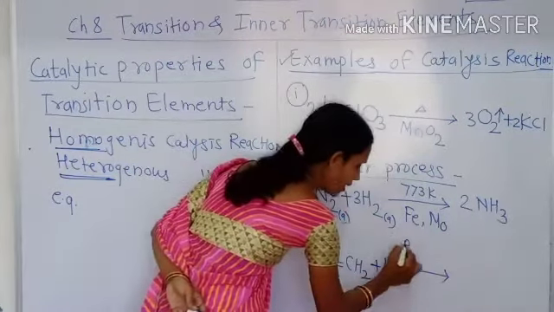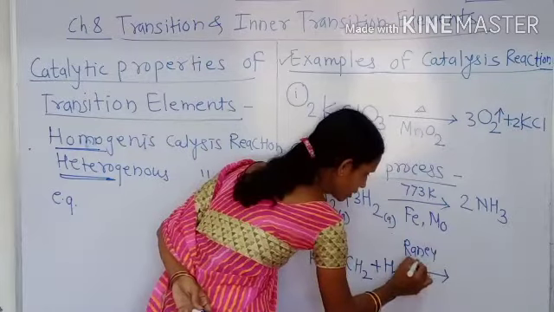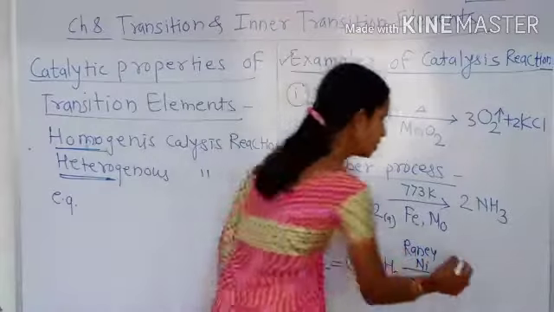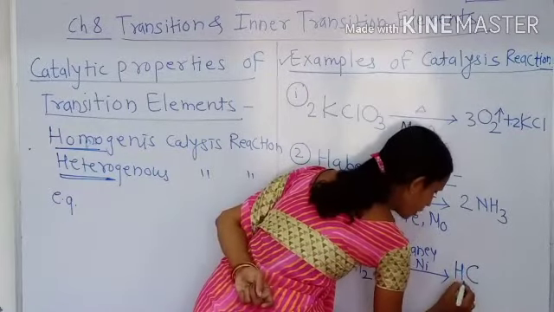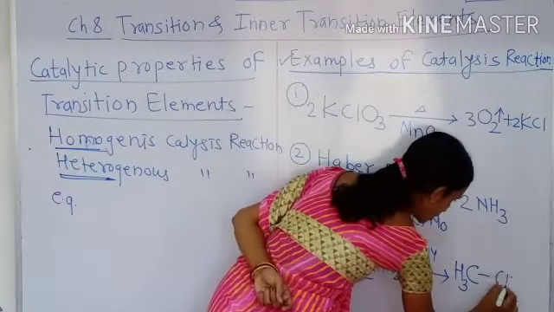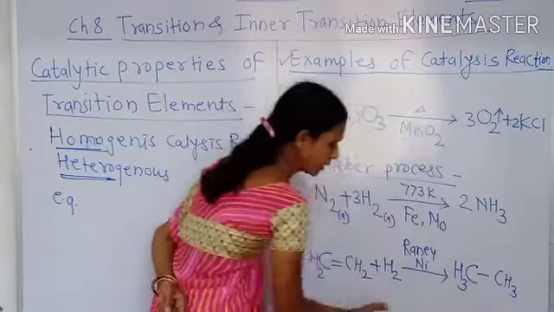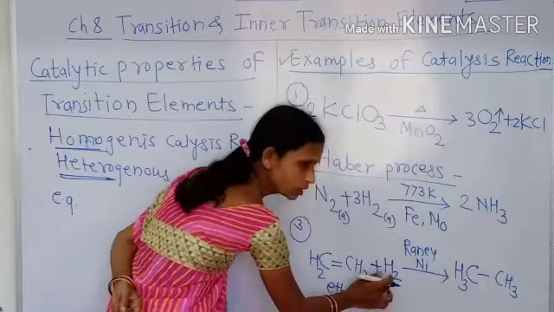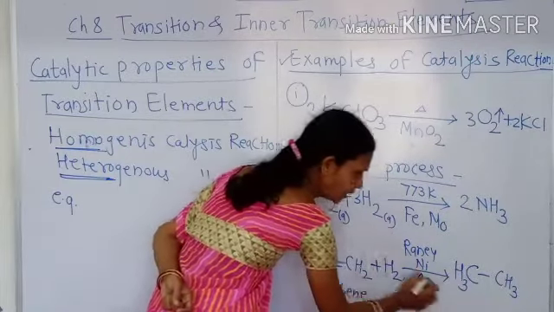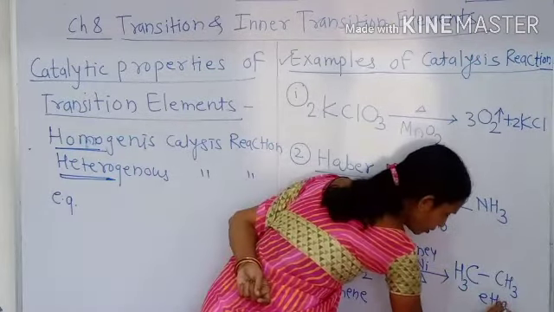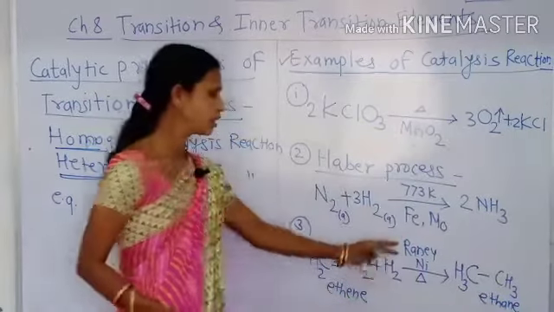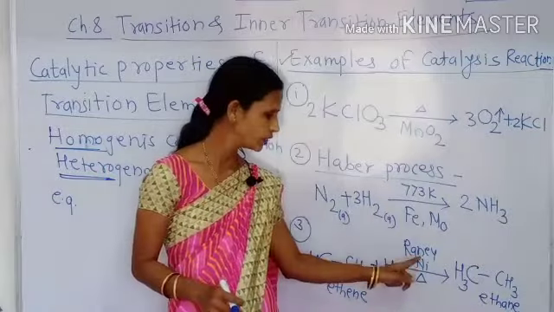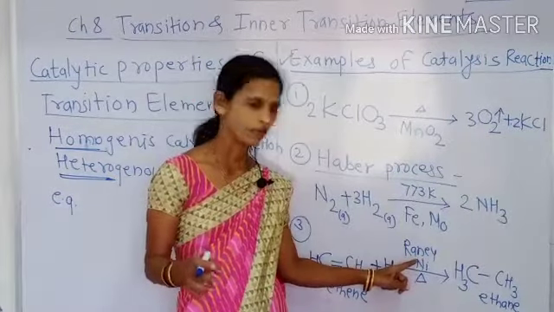Here Raney nickel is used, and then the unsaturated hydrocarbon is converted into a saturated hydrocarbon, that is, alkanes. Here ethene, when it undergoes reduction in the presence of Raney nickel on heating, gives ethane.